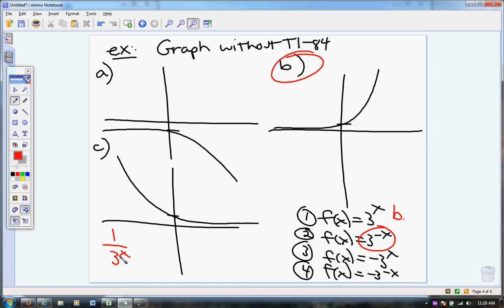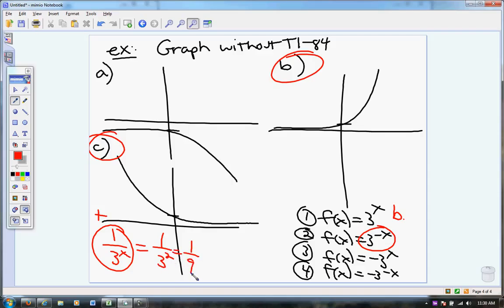So aren't all of these still going to be positive, right? But they're going to be getting progressively smaller. Well, now I'm just trying to help you understand why it's the graph that I'm going to select. The answer is C for that one. Because, let's think about it. What is 1/3 to the second power?